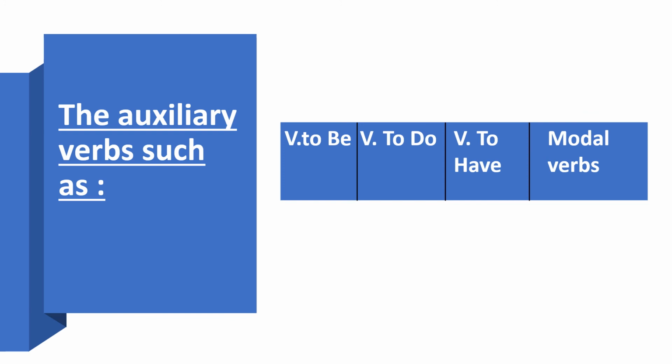So have and has in the present simple and had in the past simple. What about modal verbs? Modal verbs means can, could, shall, should, will, would, like this. These are the modal verbs. So let's complete some questions and some answers about the modal verbs and the auxiliary verbs, verb to be, do, have, modal verbs like this.